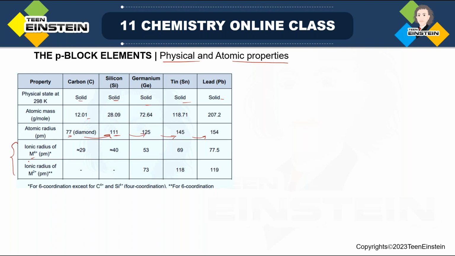So that is why, see here it is mentioned, a star sign is there for 6 coordination, except for these two, because here 4 coordination is possible. So it is not exactly ionic radius, you can say, because they do not form ionic compounds.